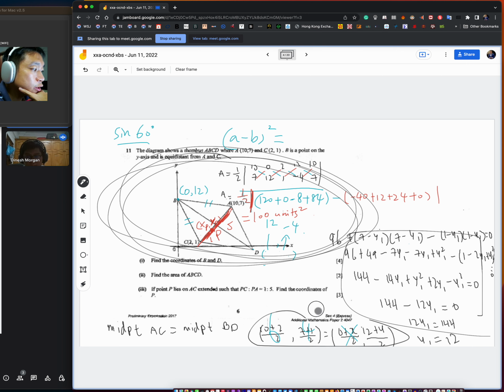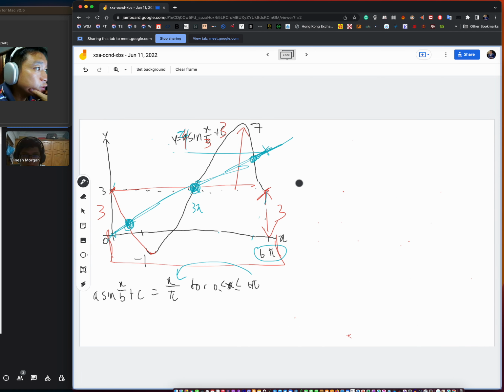And then the midpoint theorem, and then of course the shoelace method to find the area of this, which looks like a rhombus to me. Then of course we learned how to get the ABC out, the ABC for the curve given in this question.